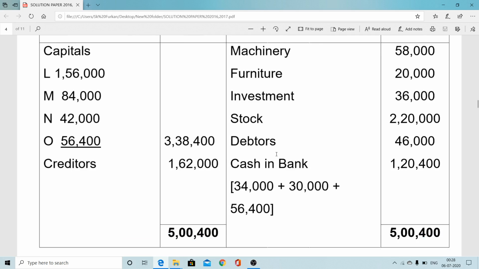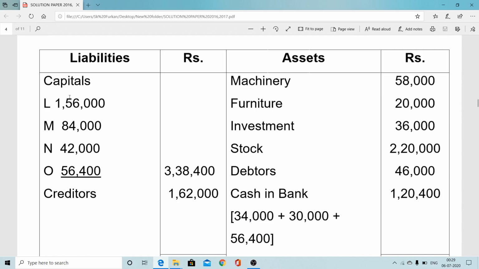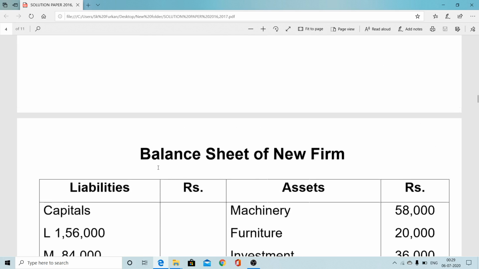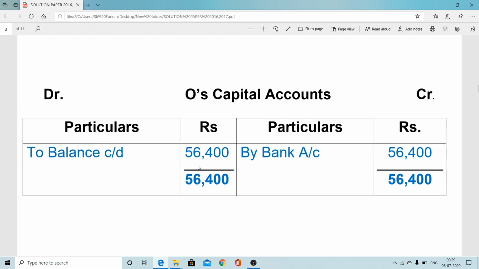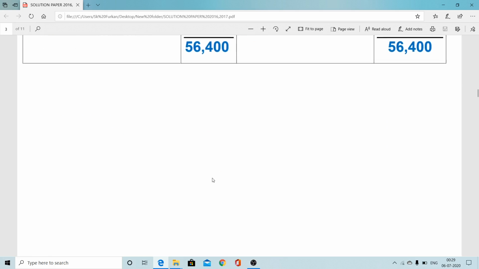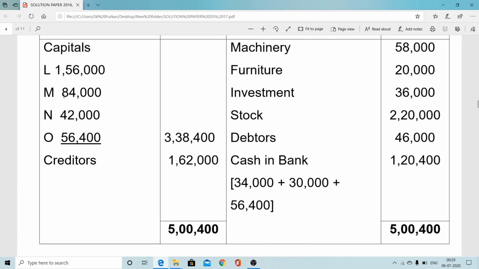Now the new balance sheet with the four partners: partners' capital L, M, N, O. The capital we get from the partners' capital account balance: 1,56,000, 84,000, 42,000, as well as 56,400. Total coming to 3,38,400.